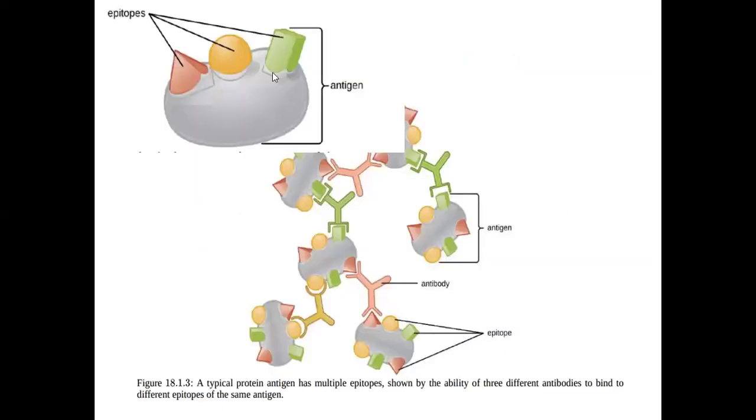Okay, look at this picture. Here we have an antigen, and this is a carrier part, and these are the epitopes. You can see that epitopes can be not only one, but two or three or more. And look here, antibodies interact with the epitope, not with the carrier part of the antigen, but always with the epitope.